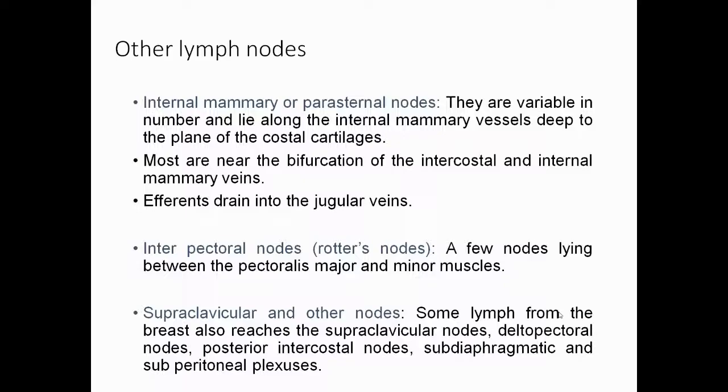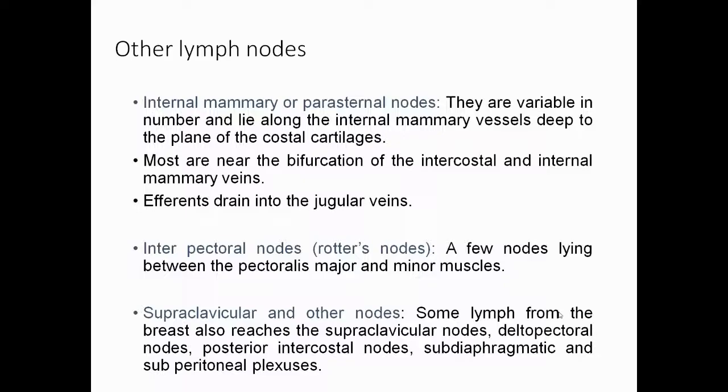Other lymph nodes, the internal mammary or parasternal nodes, are variable in number and lie along the internal mammary vessels deep to the plane of the costal cartilage. Most are near the bifurcation of the intercostal and internal mammary veins. Afferents drain into the jugular veins.